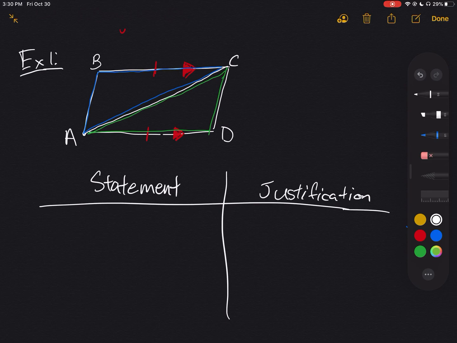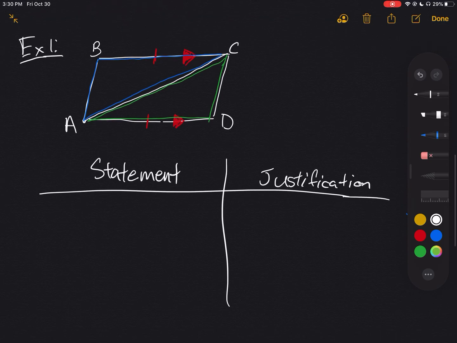So the first statement is always going to be my givens. Okay, so I'm given two things. First thing I'm given is that line segment BC is congruent to line segment DA, right? So all that means is that those two are congruent to each other.